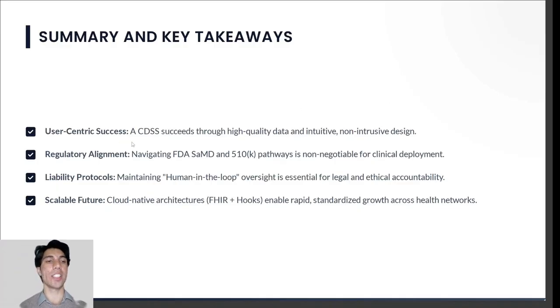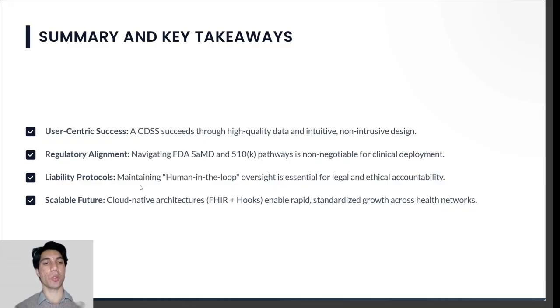And then the key takeaways from this lecture. First, user-centric success: CDSS succeeds through high-quality data and intuitive, non-intrusive design. Then regulatory alignment: navigating FDA, SaMD, and 510(k) pathways is non-negotiable for clinical deployment.